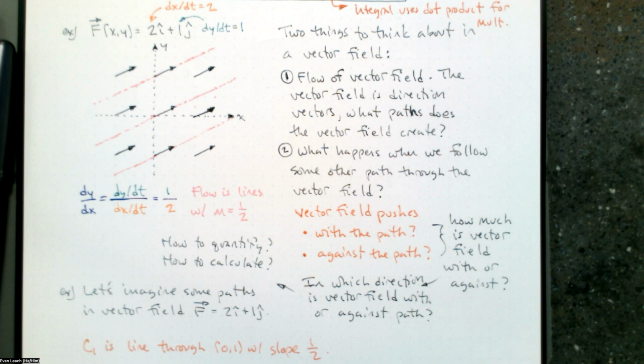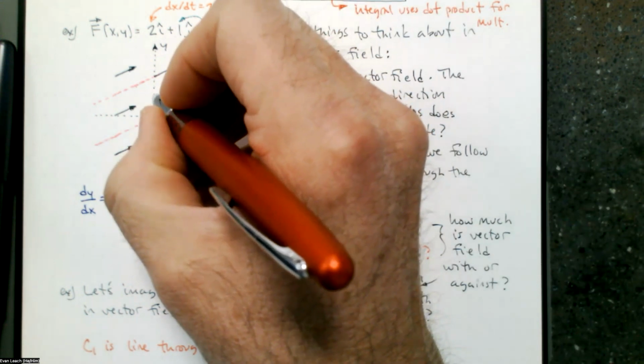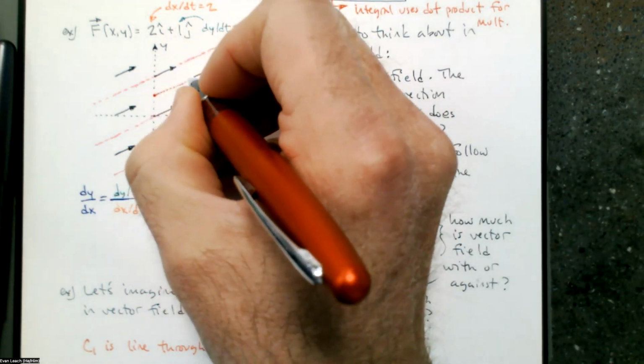So it's going to look like a flow line. C1 goes with the flow. So here's the point (0, 1), and we're just going to follow this path. So this is the path C1.